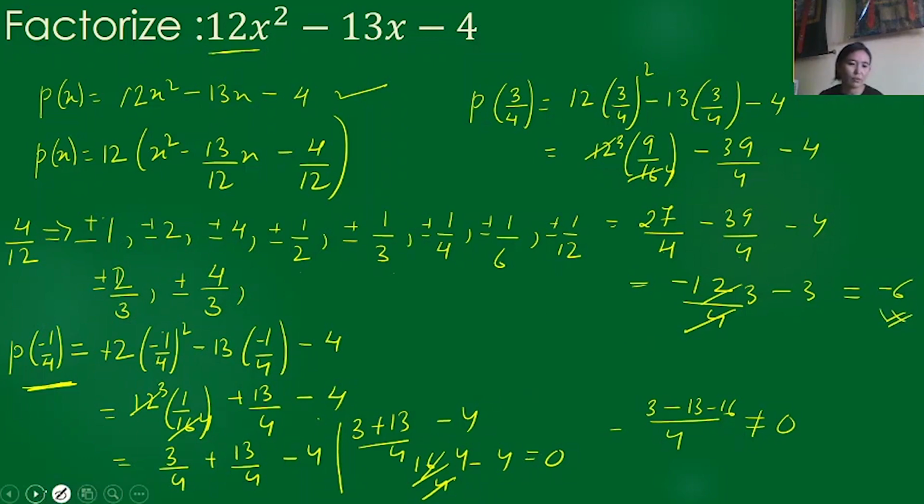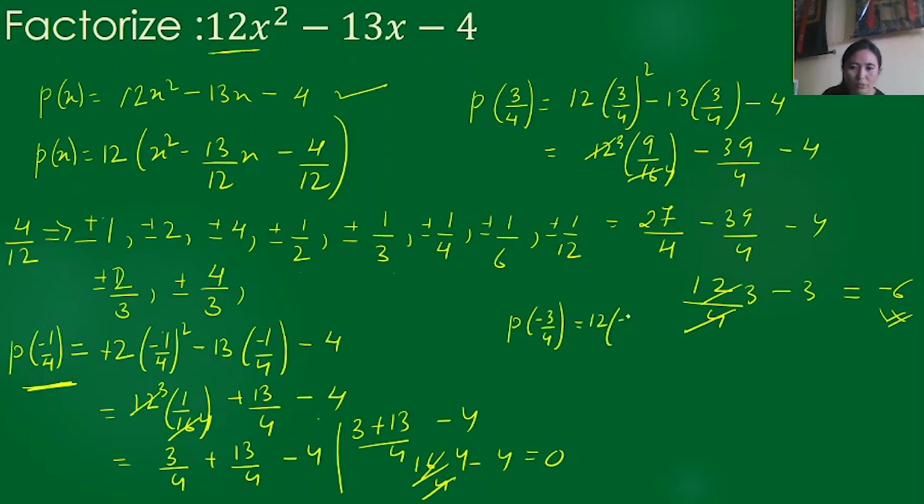So let's check for p of, let's take minus 3 by 4, which is equal to 12 into minus 3 by 4 square minus 13 into minus 3 by 4 minus 4.